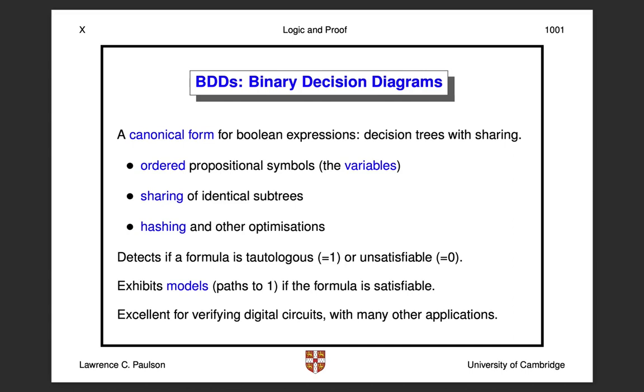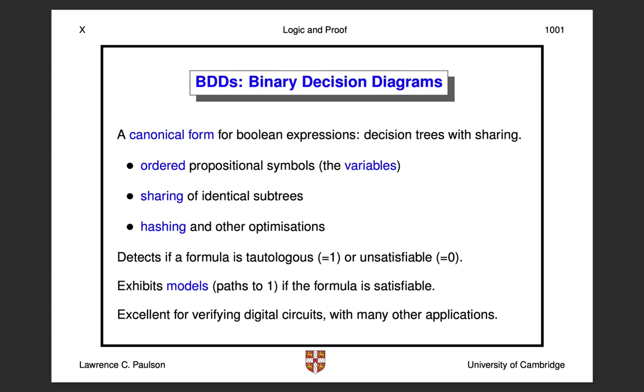You can detect if it's unsatisfiable because its BDD will reduce to 0. And in the general case, you will have some sort of non-trivial BDD, with paths to 0 as well as paths to 1, from which you can read off the models and the counterexamples.